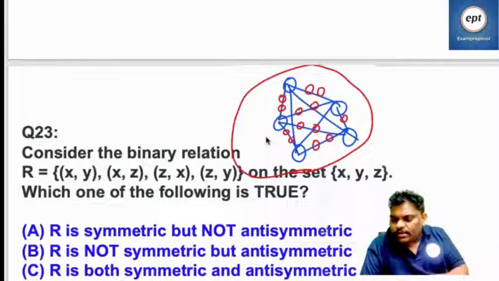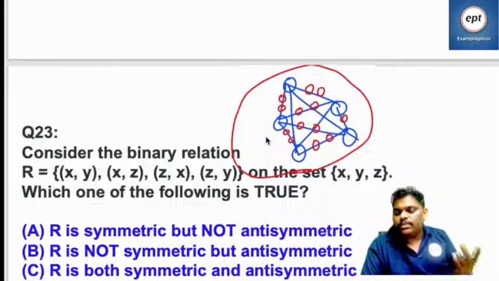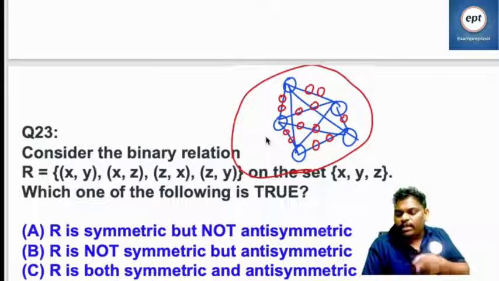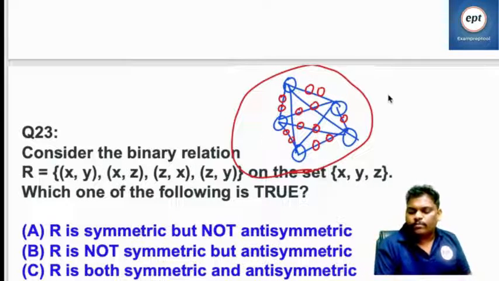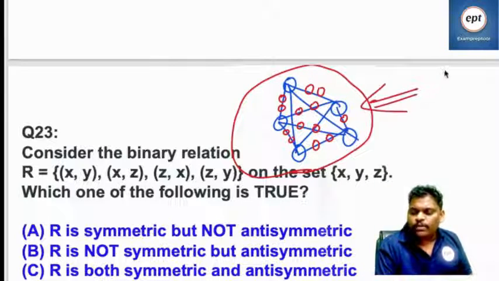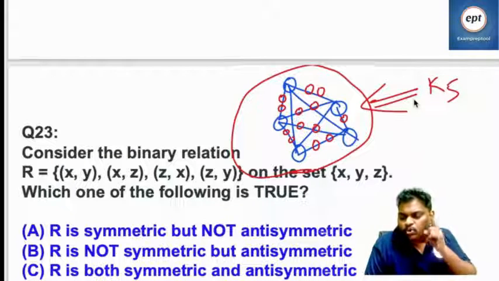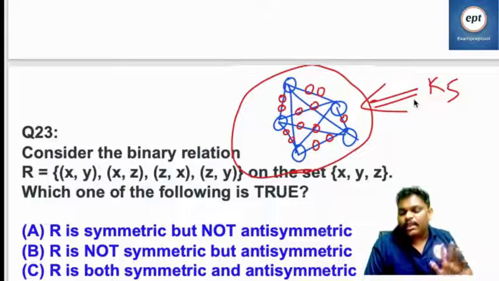Vertices are increasing, edges are increasing, subdivision. See this one, even though here are so many vertices and so many edges, it looks like K5. This is called homomorphic.